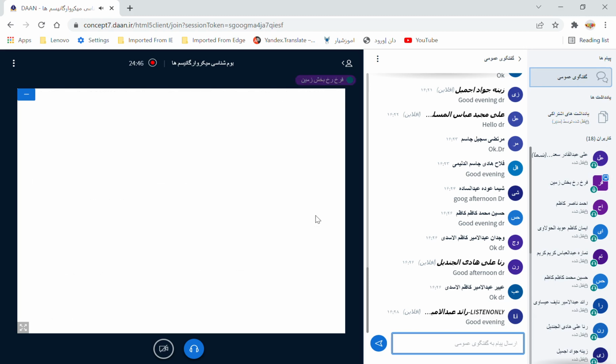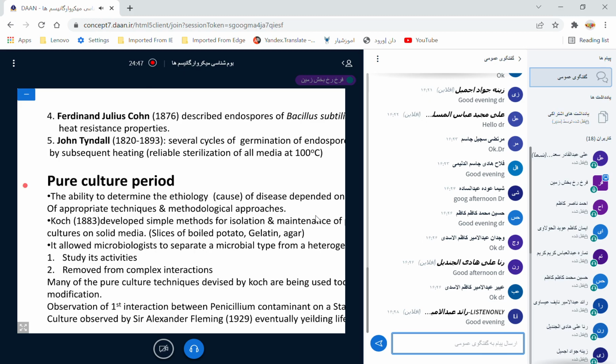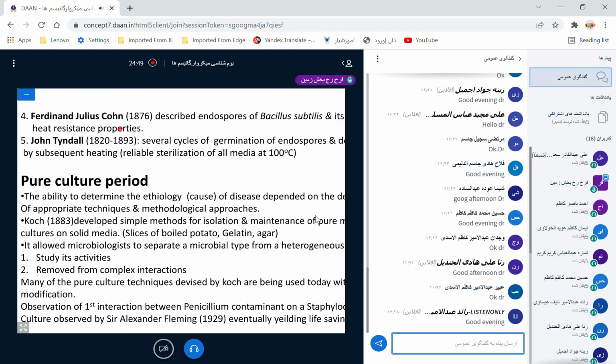Other scientists, after some time, found, Julius Cohn in 1886, this is right, and scientists understood what endospores are.